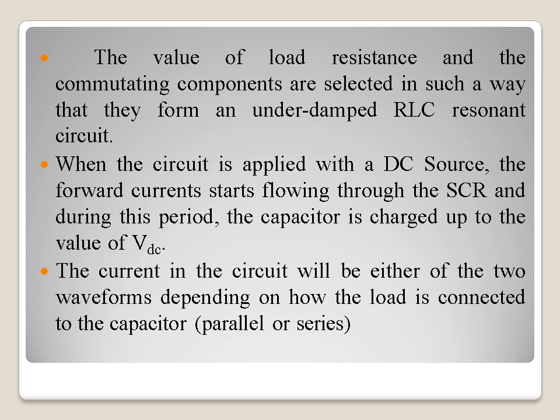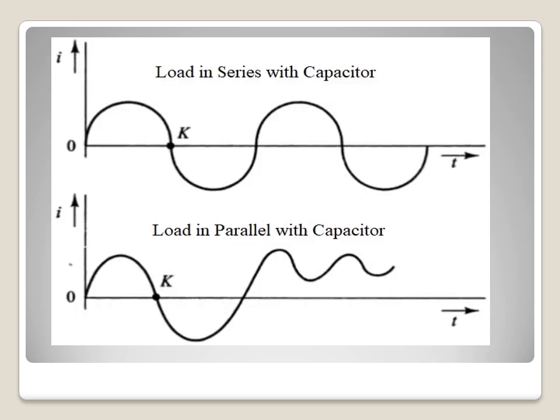The current in the circuit will be either of the two waveforms depending on how the load is connected to the capacitor. Already we discussed the parallel and series cases. The load in series with the capacitor, we see the waveform here. The load in parallel with the capacitor is also given here.